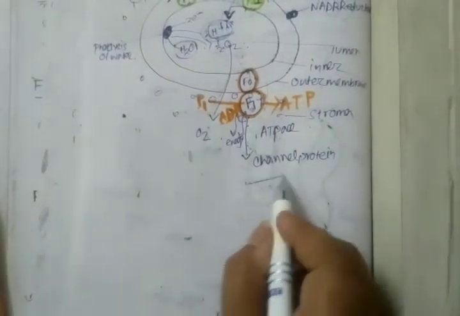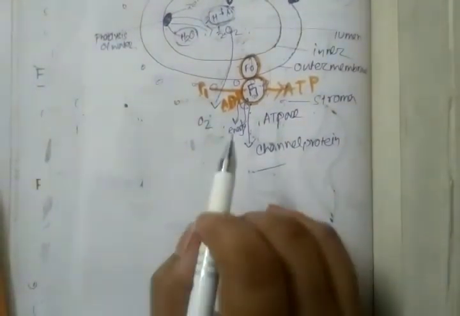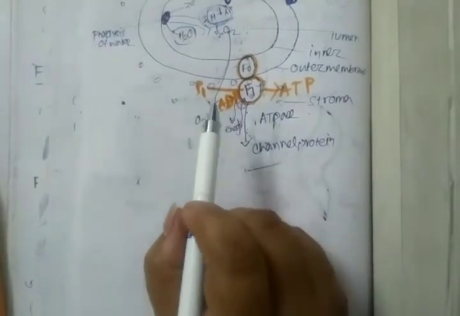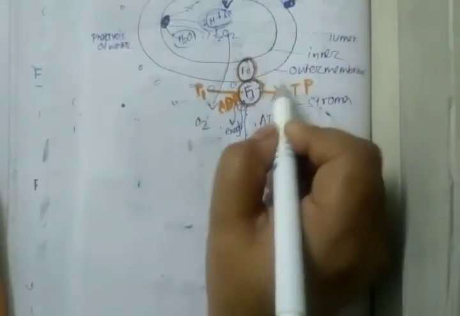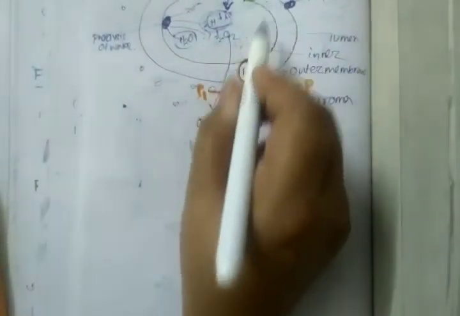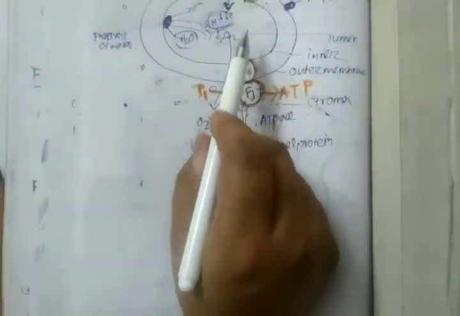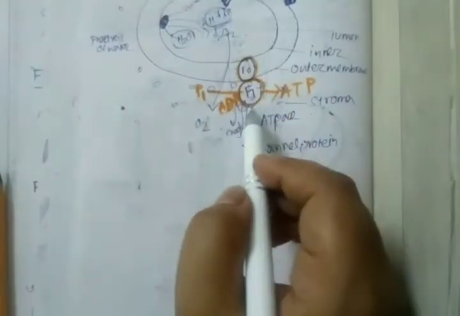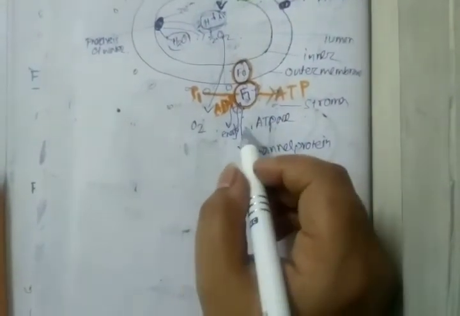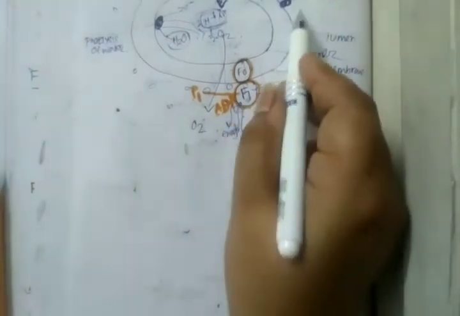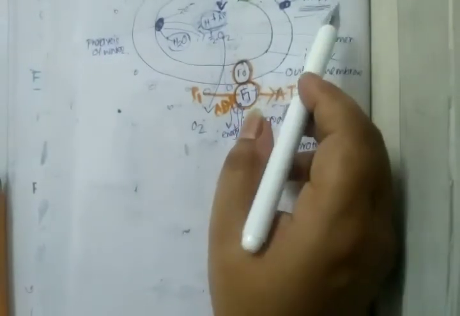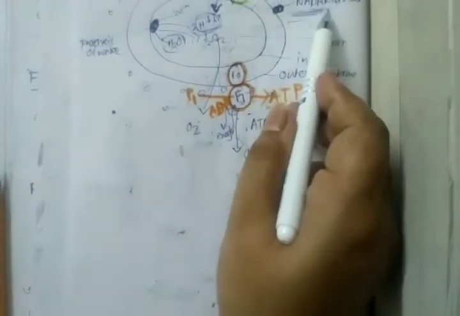So this is the second part, and up next I'm going to tell you that the electron pair which is coming here will go to PS1, then through the electron transport chain. So this pair of electrons will go to the NADP plus, and the NADP reductase enzyme is going to help in the formation of reducing power.